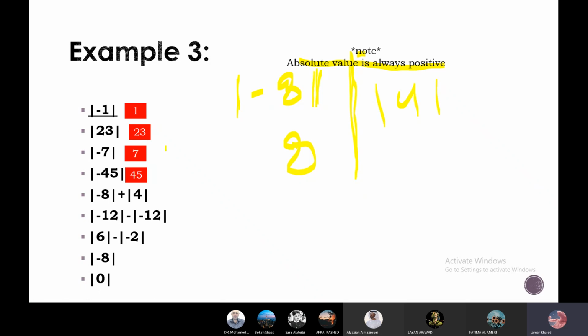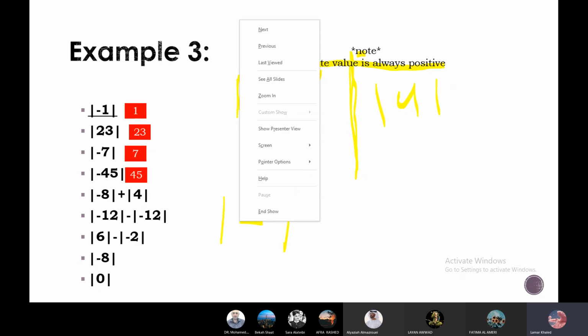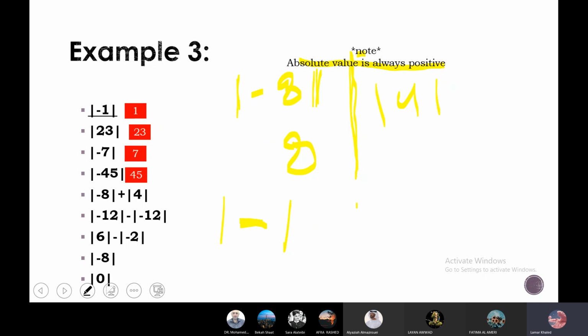See here, if we have these two things, and between these two things we have a number: if it's a negative number, the answer will be positive because absolute value is always positive. And if it's already positive, we keep it positive. That's the rule. So here -8 will be 8, but how about 4?